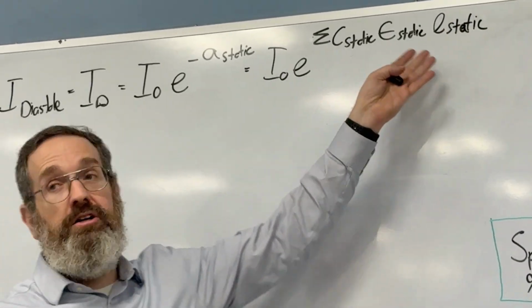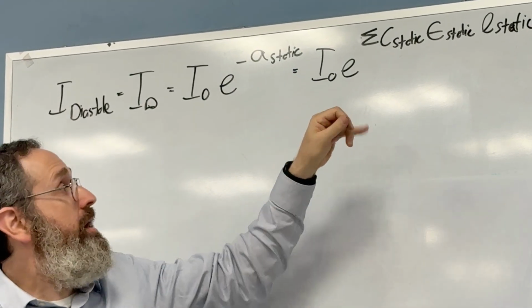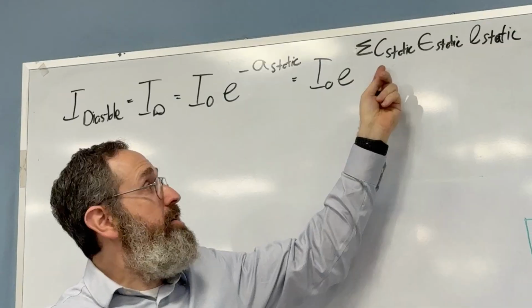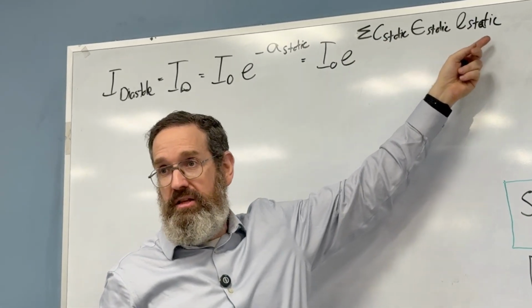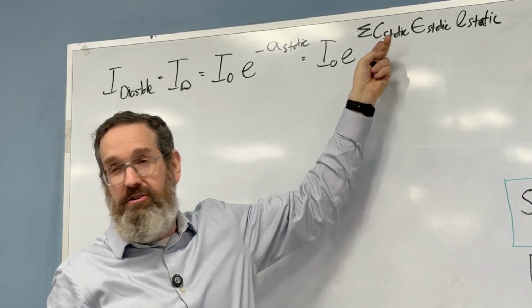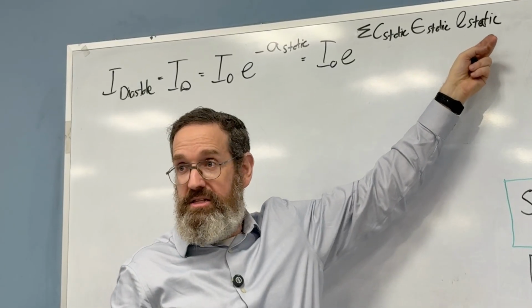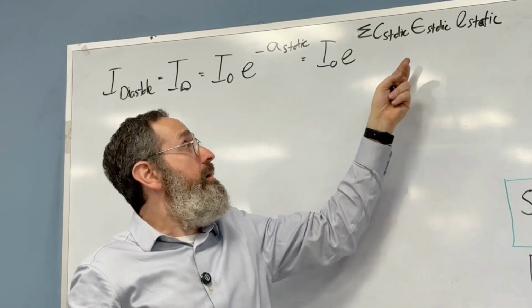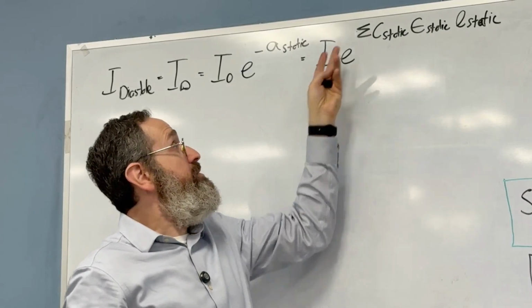Don't worry, this is going to disappear, so don't worry about it. But before it disappears, let me tell you what it is. The concentration of bone times the absorption of bone times the length of bone, the concentration of the substance in the fingernail times the absorption of fingernail times the length of Emily's fingernail, sunscreen, sunscreen, sunscreen, and we just add them all up.